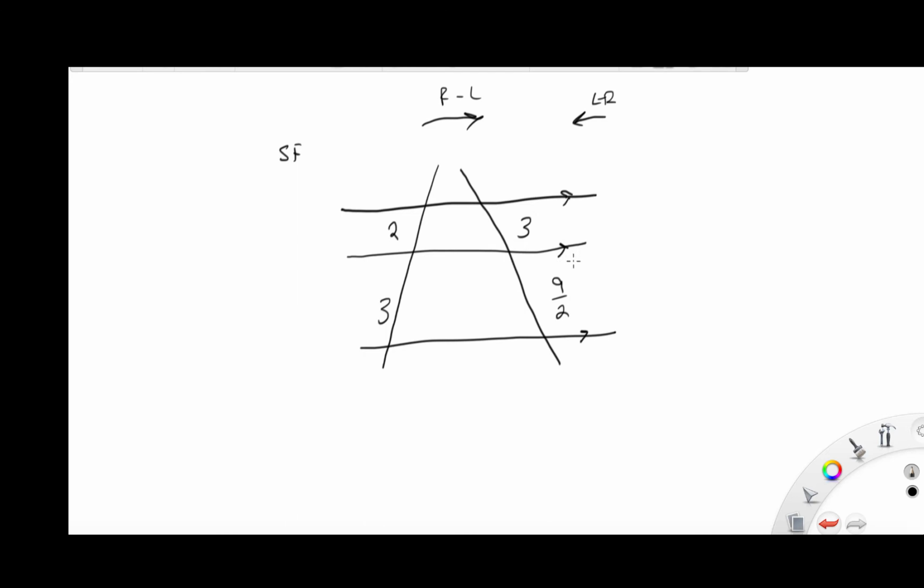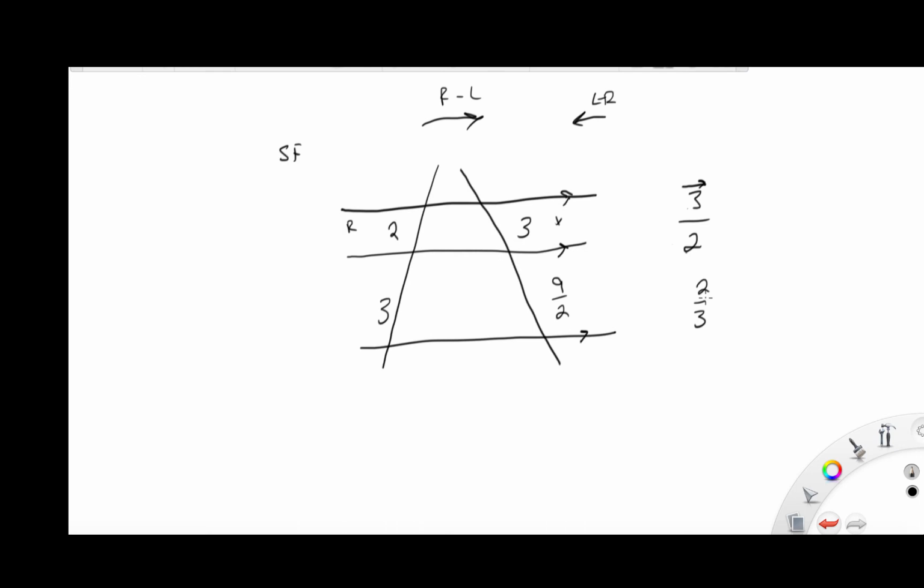So if I look at the scale, in the text it says the left to right scale factor is 3 to 2. And you'll notice that the arrow is this way, from left to right. All right, 3 to 2. If it was the opposite, if it was right to left, it's 2 to 3.